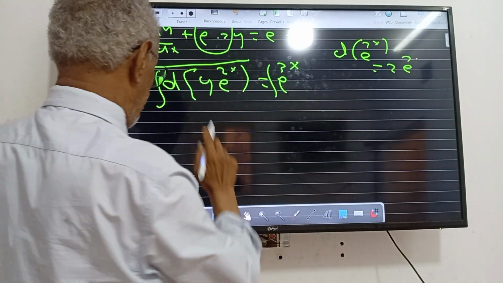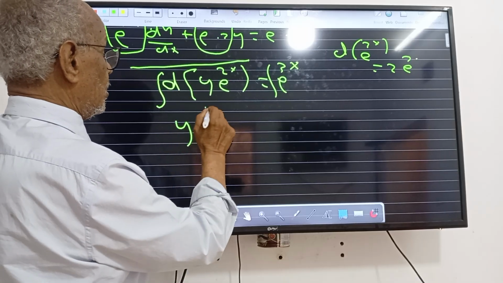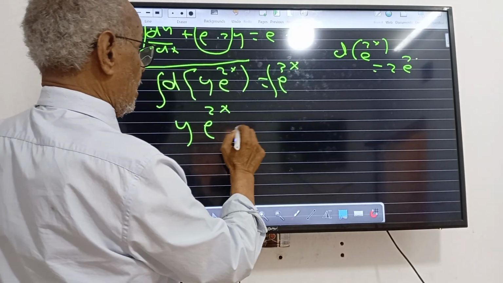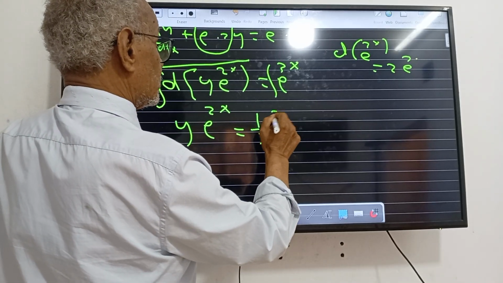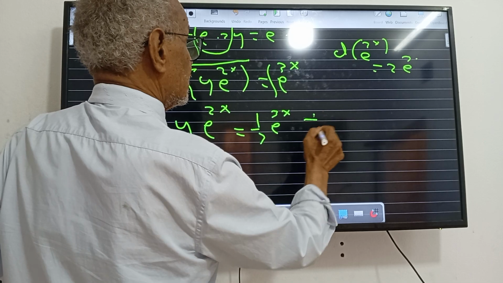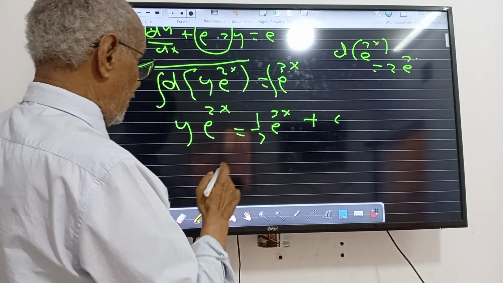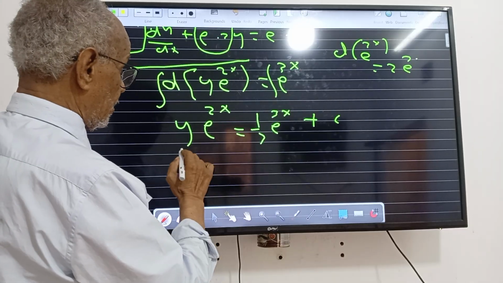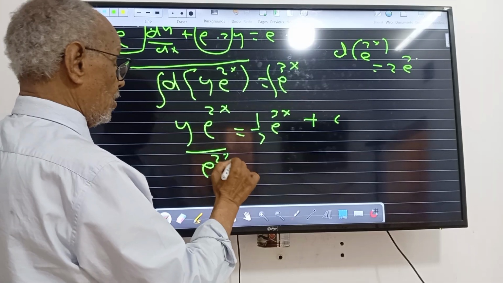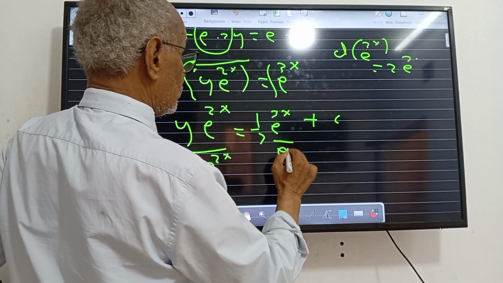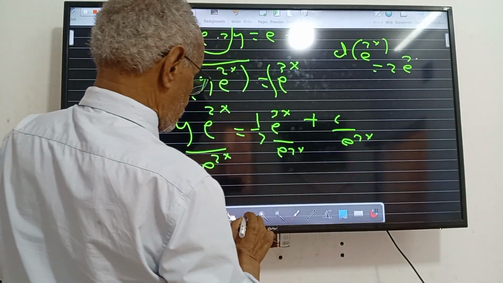Sorry, we have to repeat this again. If we integrate this, we'll get y e to the power 2x equal 1 over 3 e to the power 3x plus c. This is an integration constant. So in this case, we have to divide each term of this equation by e to the power 2x.